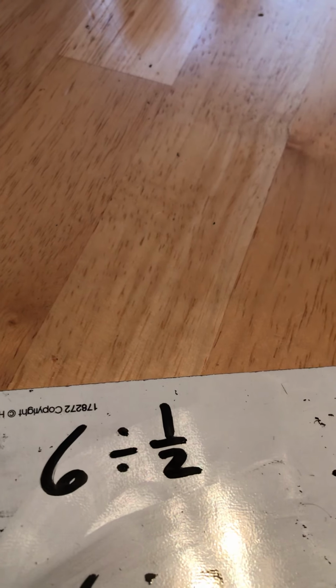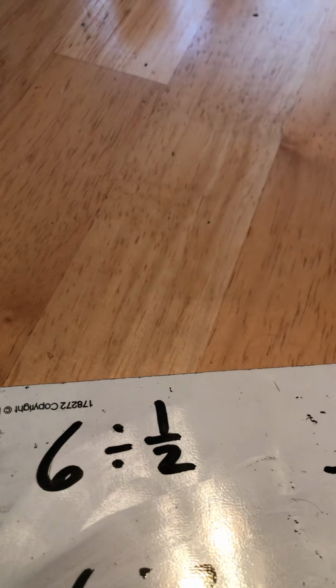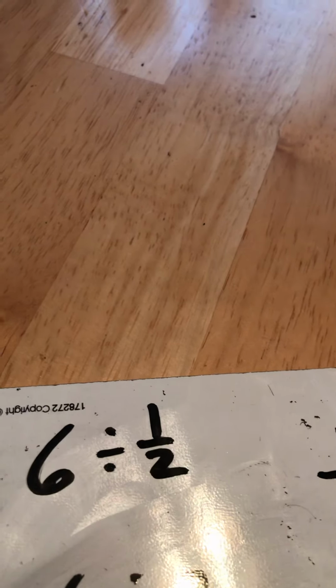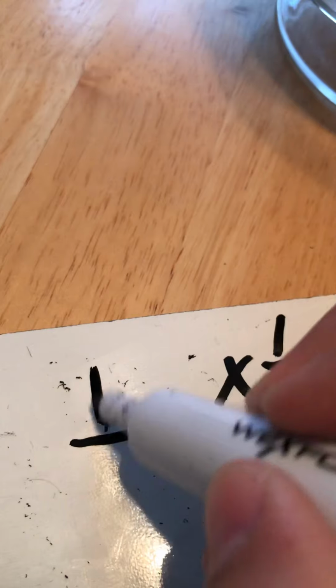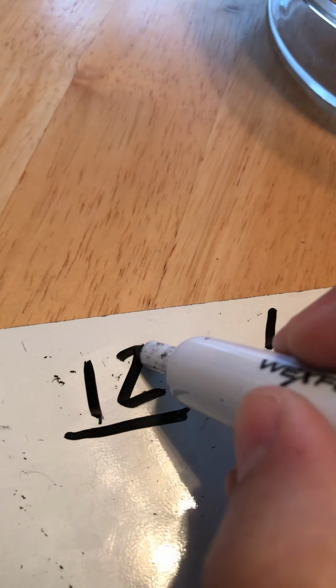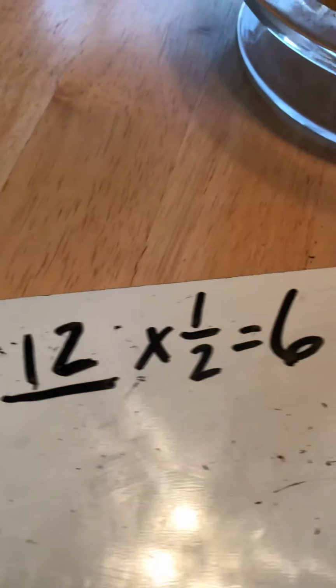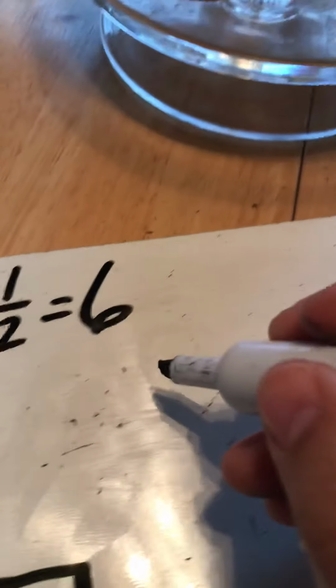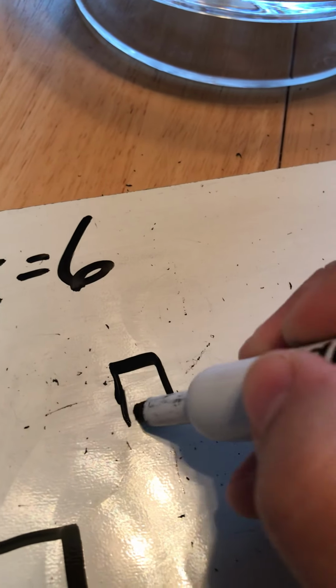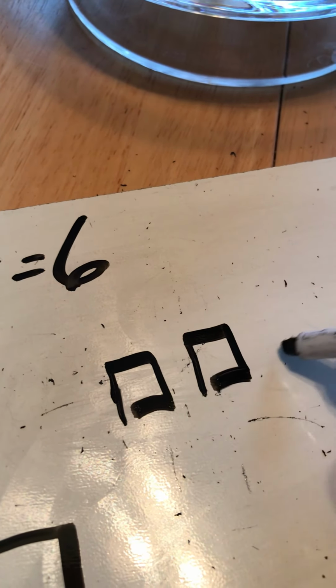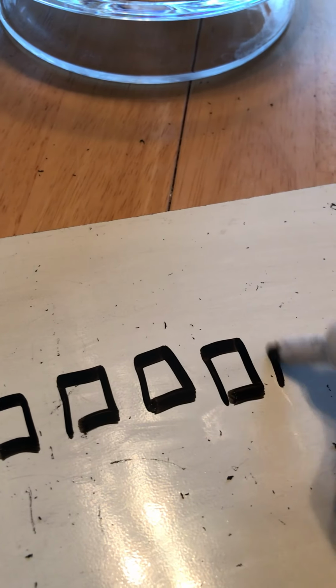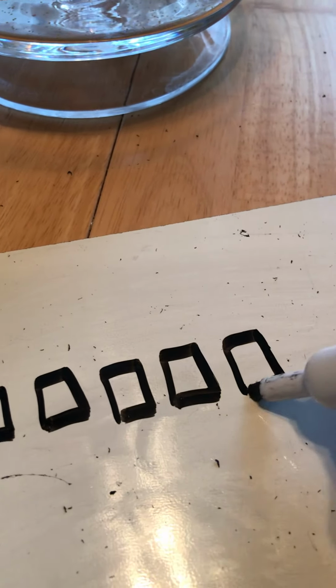So I'm thinking that it's going to be 12. That this answer right here is going to be 12. There's 12 halves in 6. And the reason I say that is, if I would draw it out, here's my 6, right? I need one more. Here's my 6.